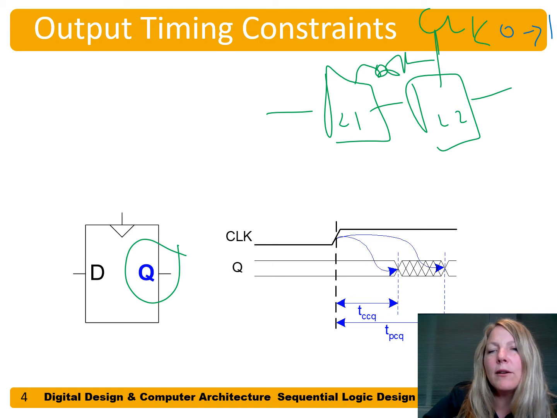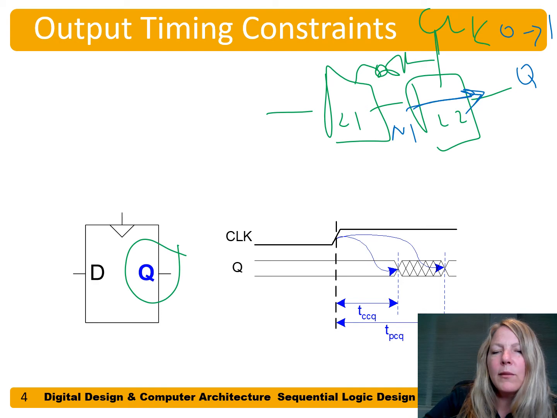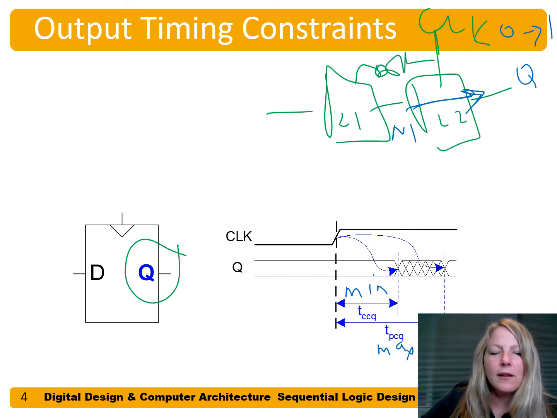It takes some time, and in fact, the time it takes is the time for that internal node N1 to go through the gates and change Q. And so there's a minimum delay, T contamination clock to Q, and a maximum delay, T propagation clock to Q.